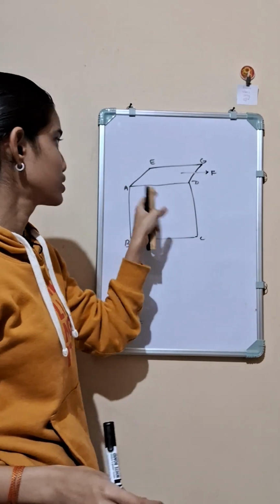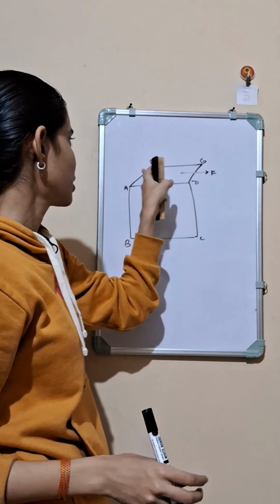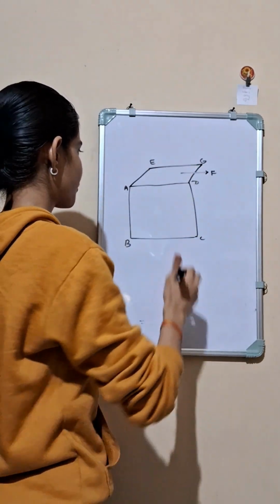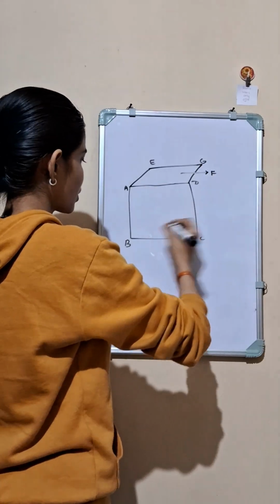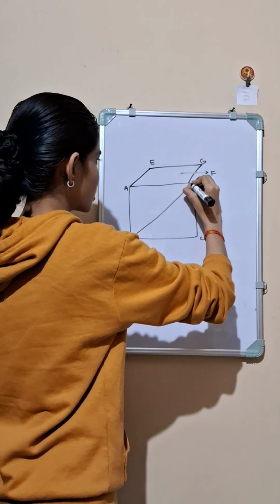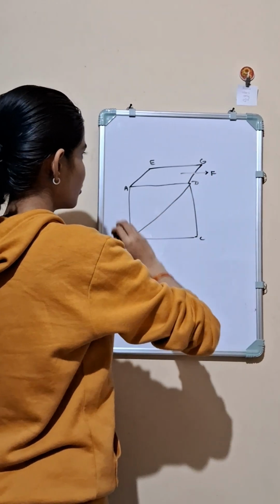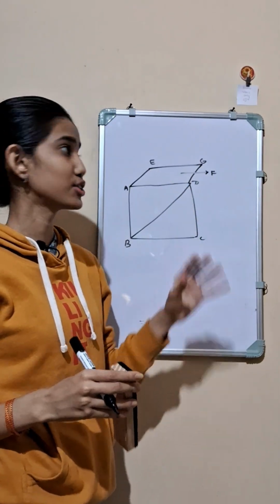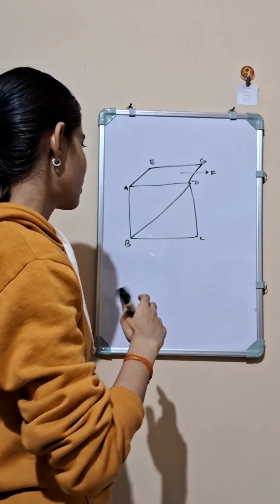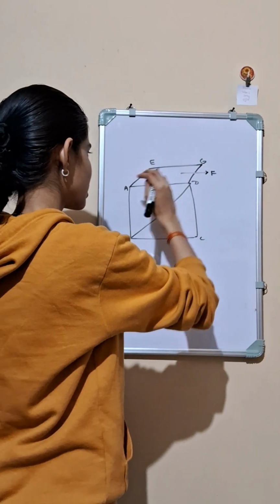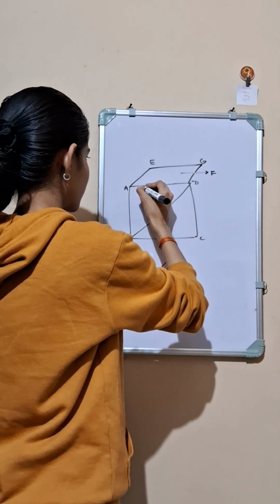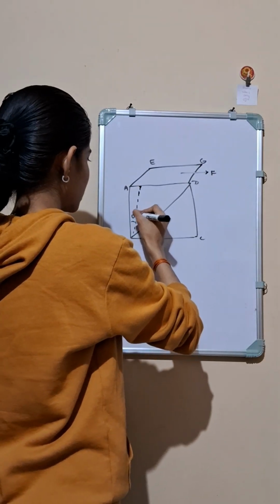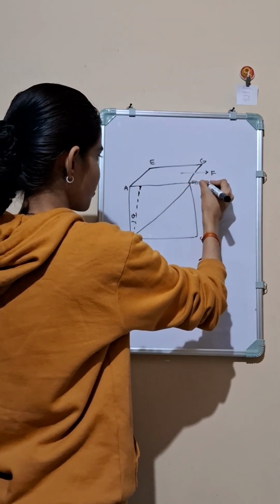So in this cube, a force is being applied along the surface ADEG, and we know that the tensile stress along BD will be equivalent to the shearing stress along this surface. Let us suppose due to this shearing stress some deformation has taken place. Let this angle be theta.